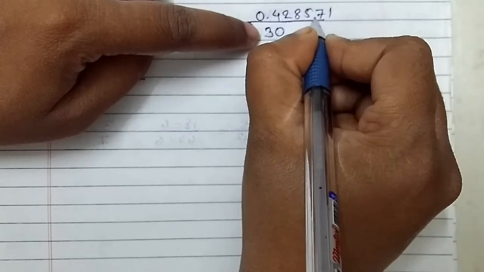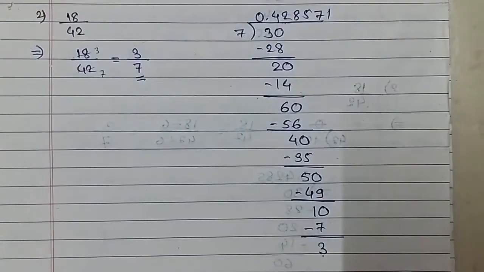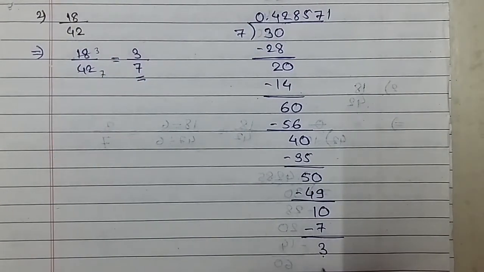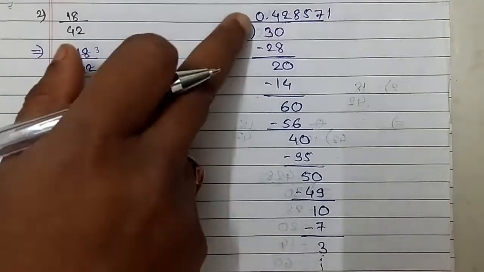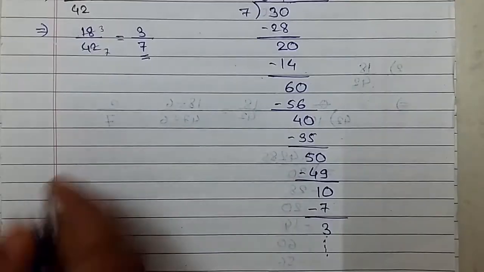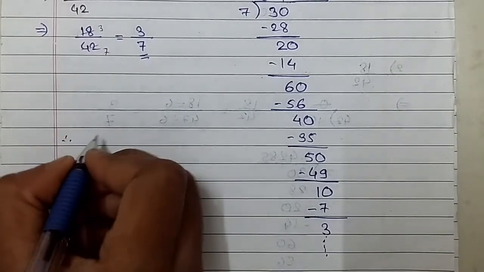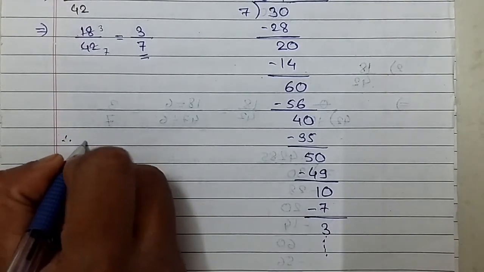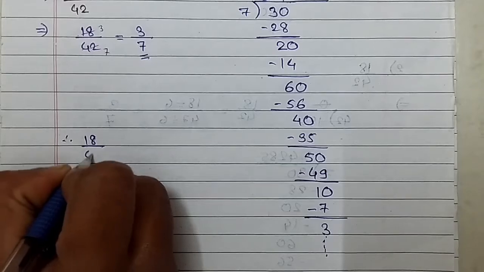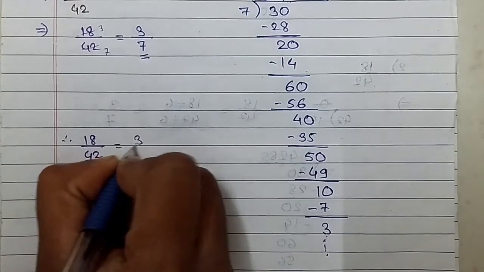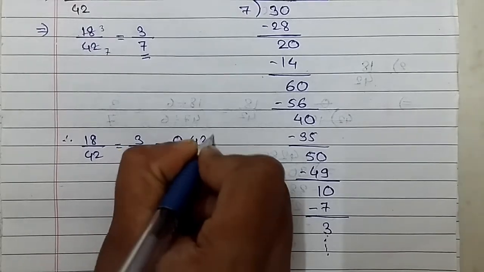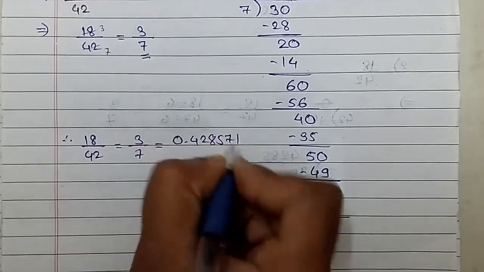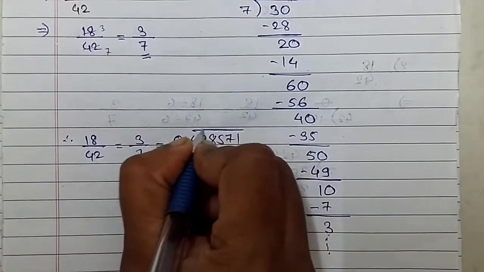So this value is recurring, means repeating: 4, 2, 8, 5, 7, 1. Understand? This is the recurring part. The same process is repeated once again. Clear? So therefore, 18 upon 42 is equivalent to 3 upon 7, which is equivalent to 0.428571, and this full term is recurring.